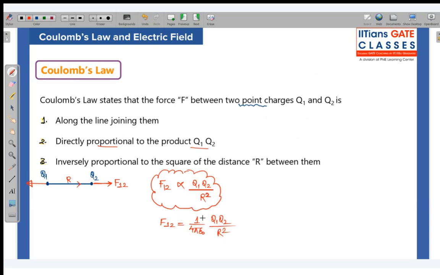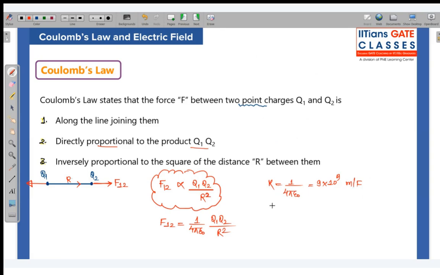This proportionality constant is also represented as K, which is 1 upon 4 pi epsilon naught. The value of this K is 9 into 10 to the power 9. The unit is meter per farad, which is the unit of capacitor.